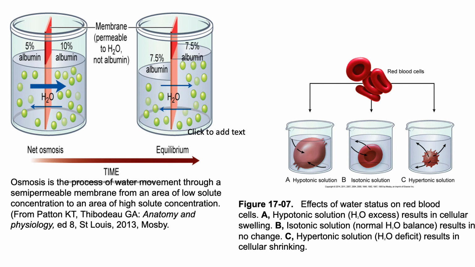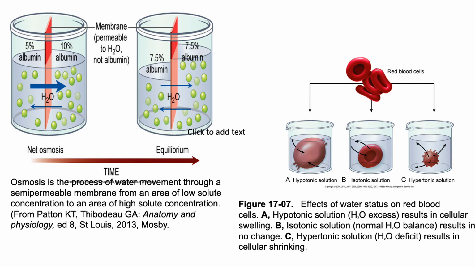So the fluid again will shift, and you can see in the picture, figure 17.07 on the screen, A shows the hypotonic solution. Because the solution being given has a lower osmolarity, there are fewer particles in the fluid than there are in the body fluids, and there's going to be a shift inside the cell. So you see the cell kind of swelling.